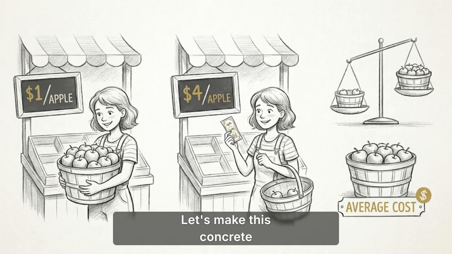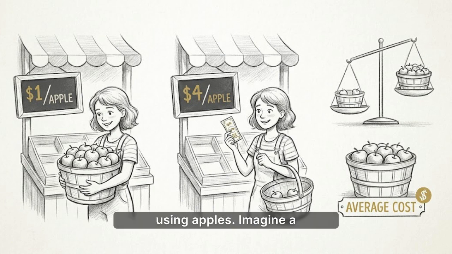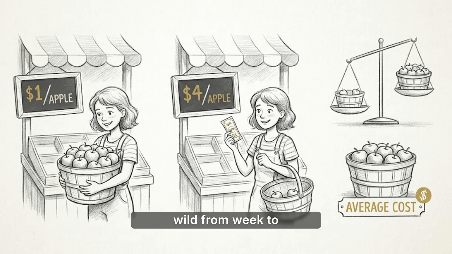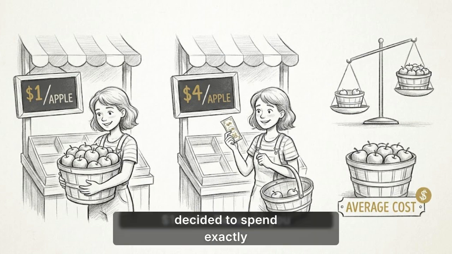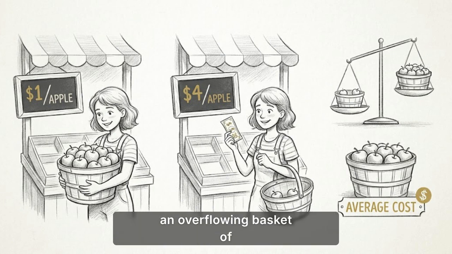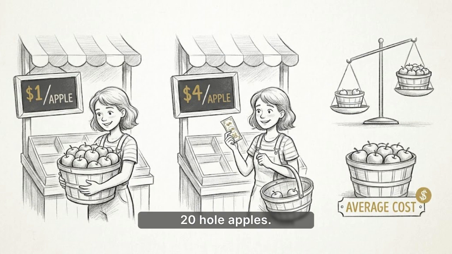Let's make this concrete with a simple analogy using apples. Imagine a local fruit stand where the price fluctuations are wild from week to week. On week 1, apples are cheap, only $1 each. Because you decided to spend exactly $20, your budget buys an overflowing basket of 20 whole apples.